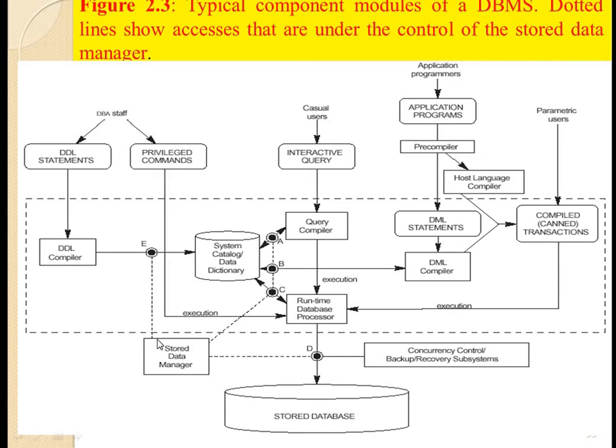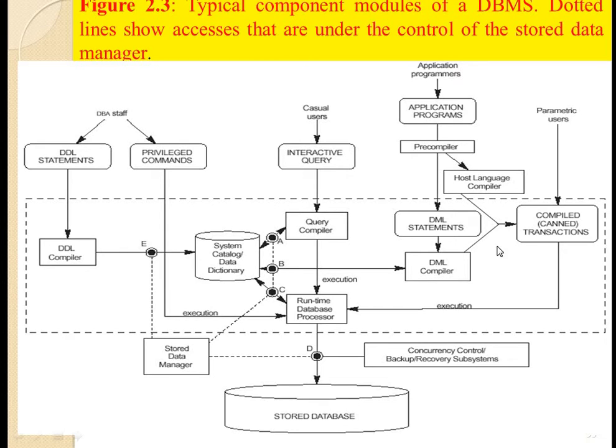Now in between we have the second category, the casual user, who has the interactive query. This interactive query is processed by the query compiler. After execution, it enters the runtime database processor and finally transfers the value to the database. Clear? Similarly, the application programmer creates the pre-compiler on the basis of the DML statement, which the DML compiler takes and executes.